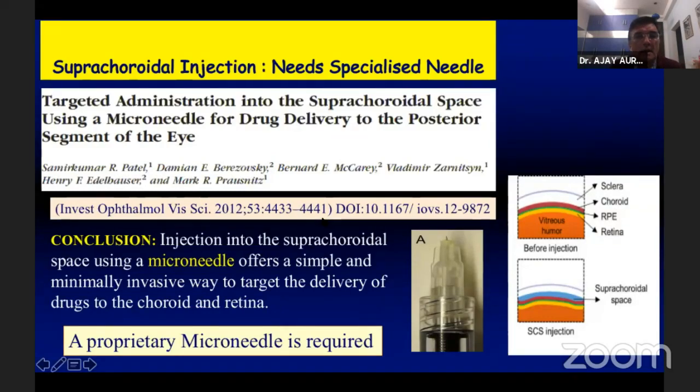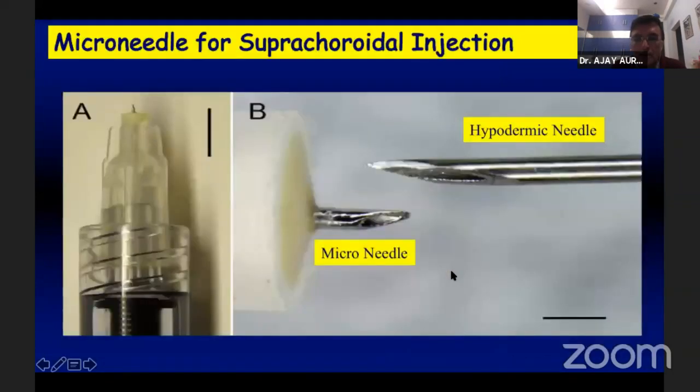Now, targeted administration to the suprachoroidal space started off with the seminal work by Patel et al., who created a proprietary microneedle. This is what the microneedle looks like as compared to the hypodermic needle, and that's the sizing.